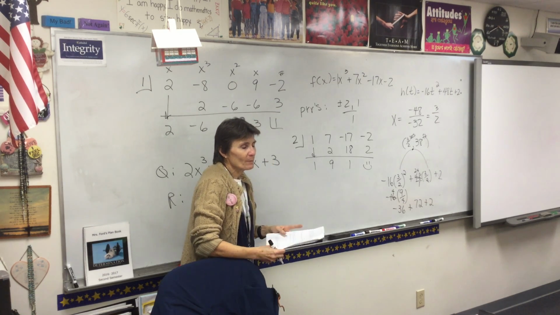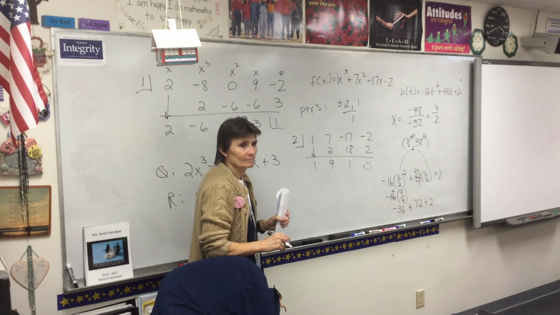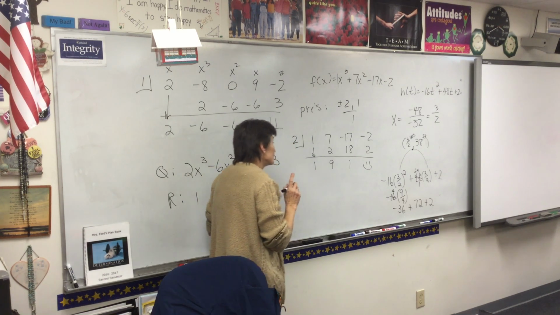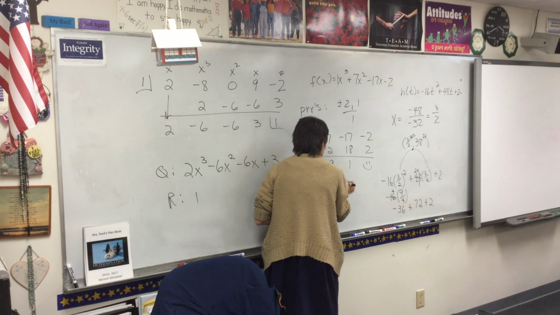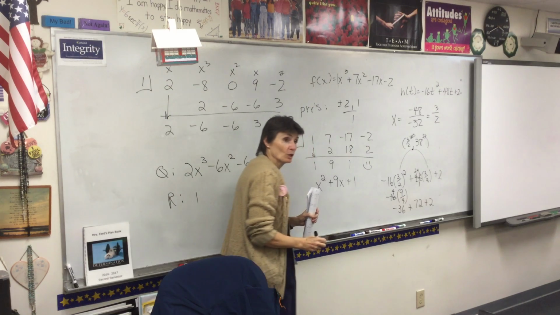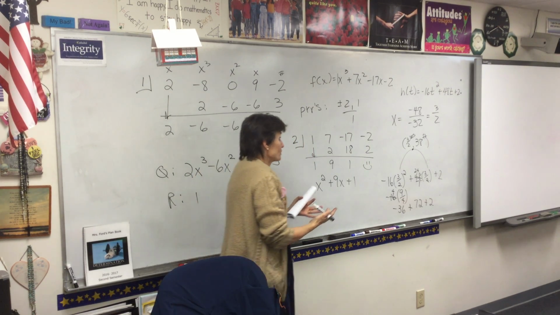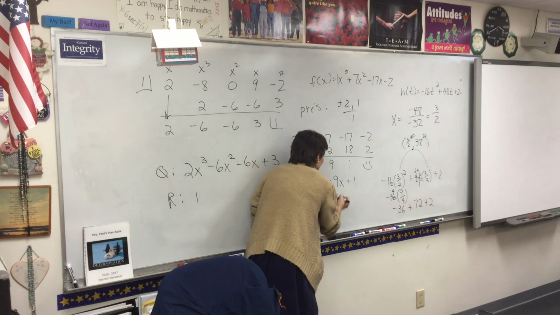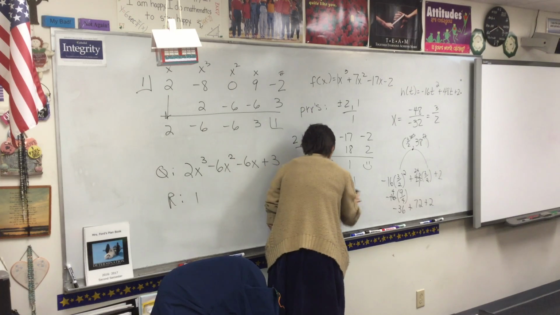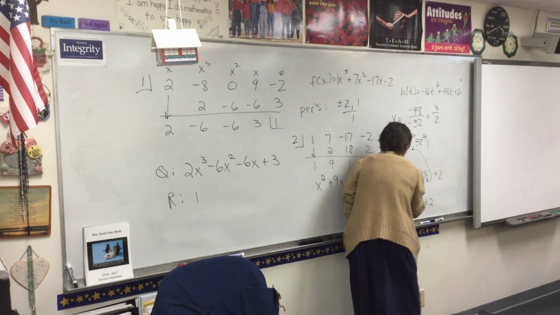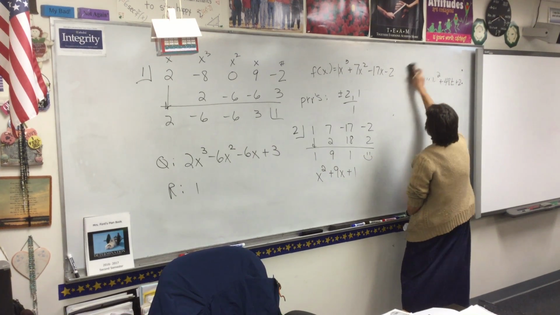All right, where do I go from here? 1, x squared, plus 9x, plus 1. Yep. So I'm going to look at that now. And what I would love to do with that is factor it, right? But it doesn't factor. So when it doesn't factor, you need to use the quadratic formula.